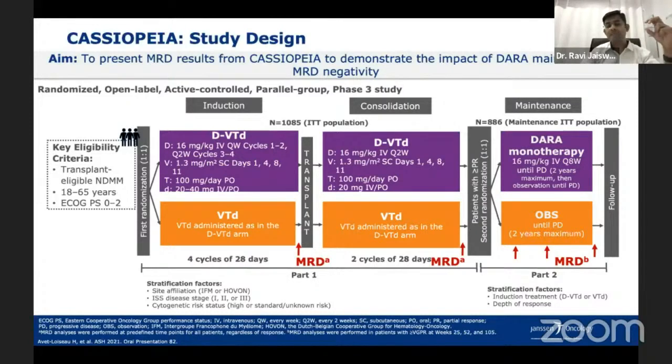The study had two arms. One had the 4-drug combination with a DARA and the other was a VTD regimen, wherein your DARA was used at 16 mg per kg. It was weekly for the first 2 cycles and subsequently it was twice a week. Then they did MRD at post-induction. The second MRD was done post-consolidation, and the third MRD was assessed after maintenance.